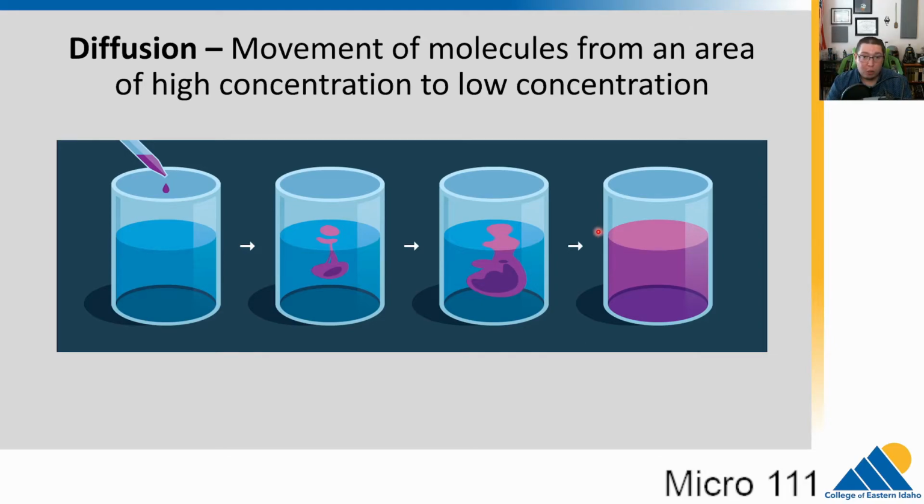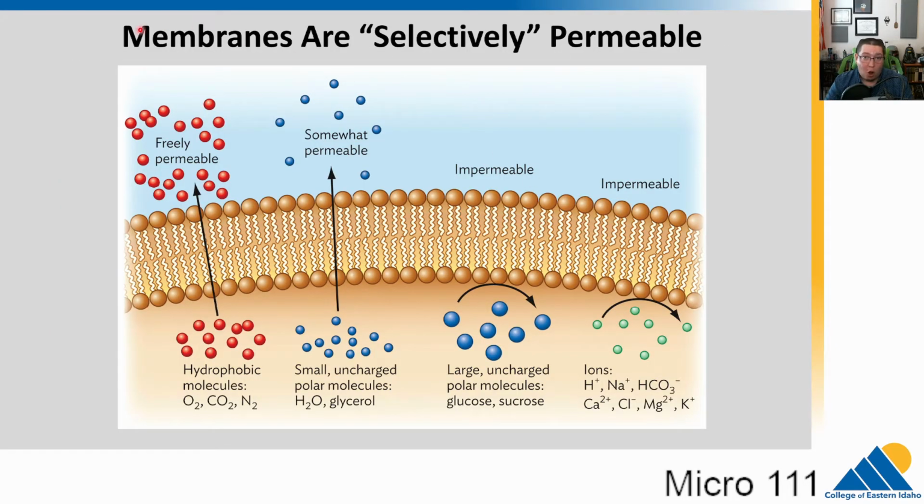This is an important principle because our membranes can have diffusion across them, but only certain things. This is when they're selectively permeable. Things that are hydrophobic, small molecules, oxygen, carbon dioxide, nitrogen, these can move or diffuse across the membrane very, very easily.